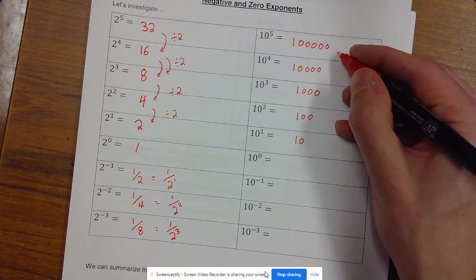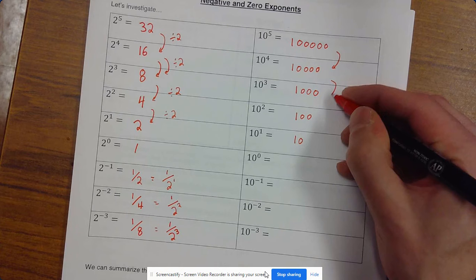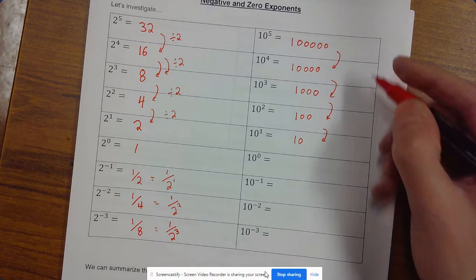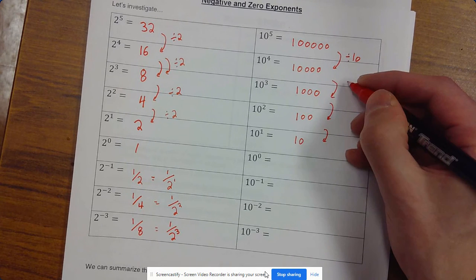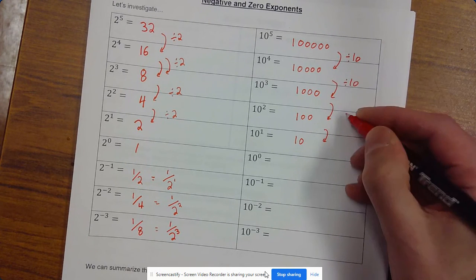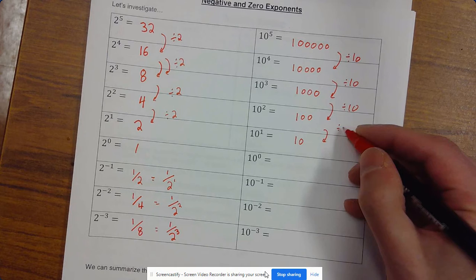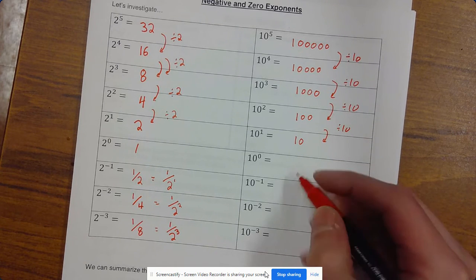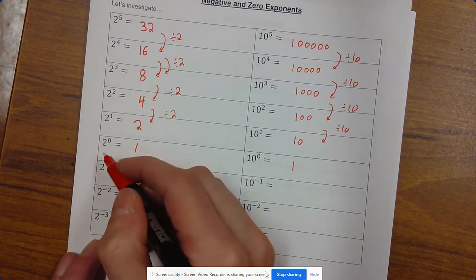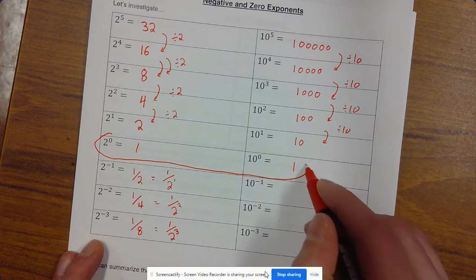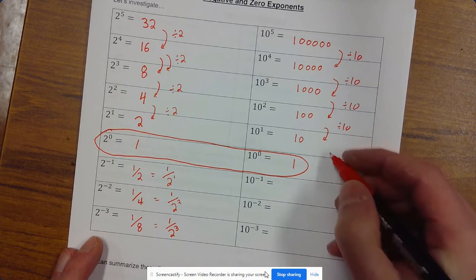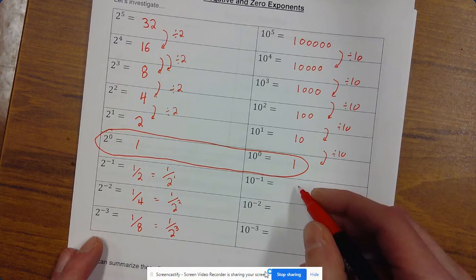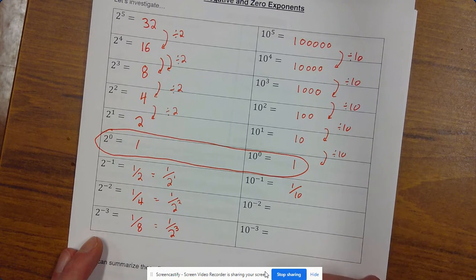So again, if we look for patterns, as I decrease the exponents by 1, I'm multiplying by 10 one less time. That's the same thing as dividing or splitting into groups of 10. So again, we're dividing by the base. If I keep that pattern going, 10 divided by 10 is 1. You might notice a pattern here that if I raise something to the power of 0, it looks like it always equals 1. If I continue that pattern, if I do 1 divided by 10, I could say 1/10.